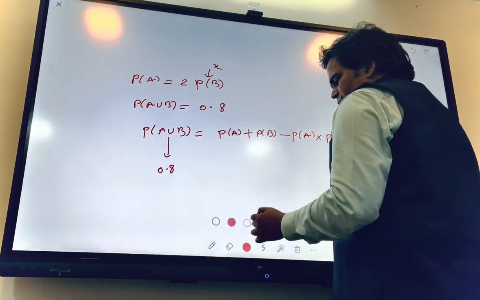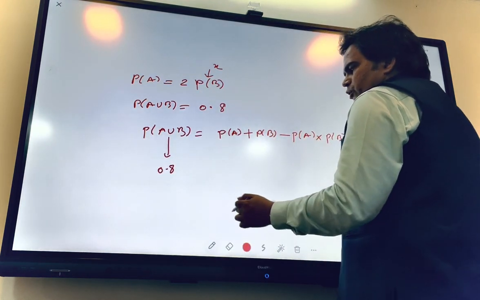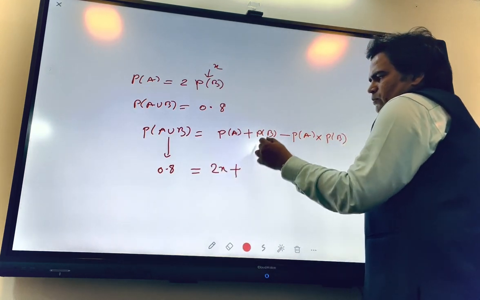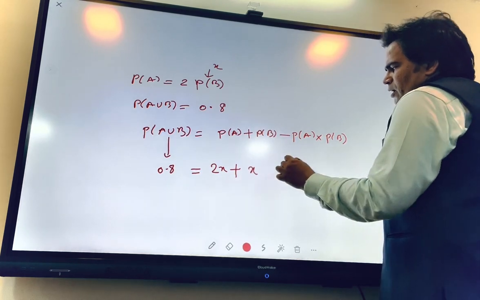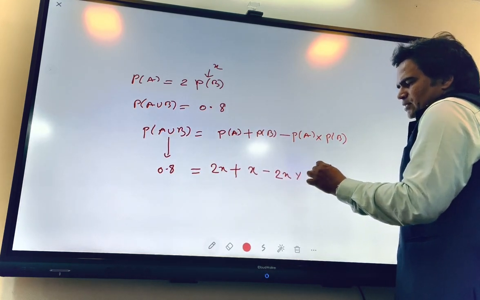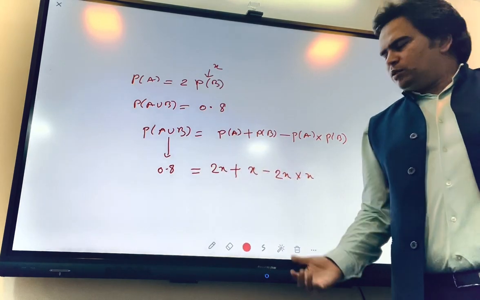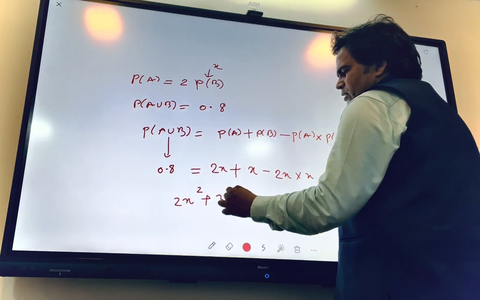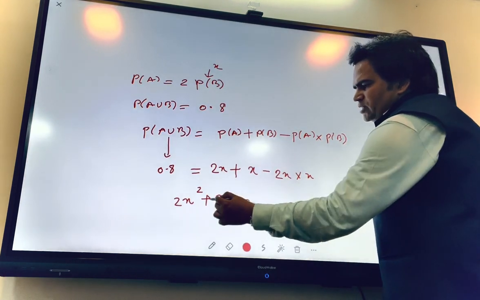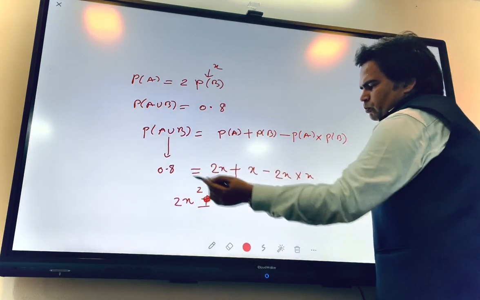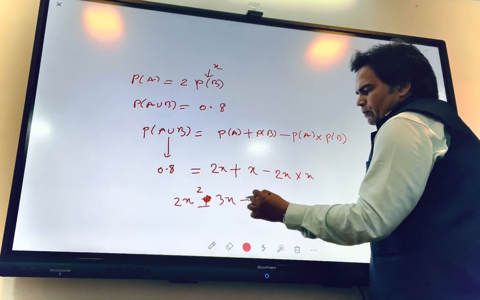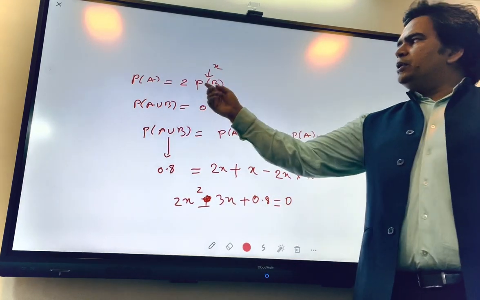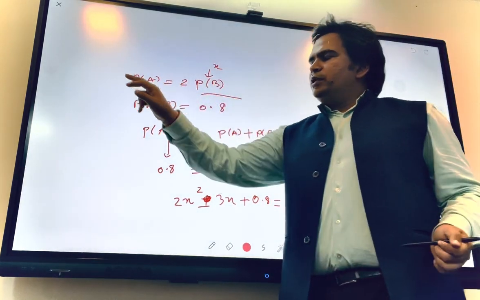On the right hand side, probability of A is 2x plus probability of B is x minus 2x times x. So you can see that it's a quadratic equation. If you solve it, it becomes 2x squared plus 3x and minus 3x, because you move it to the other side, and plus 0.8 equals 0. So if you solve this, you're going to get the probability of B and hence the probability of A.